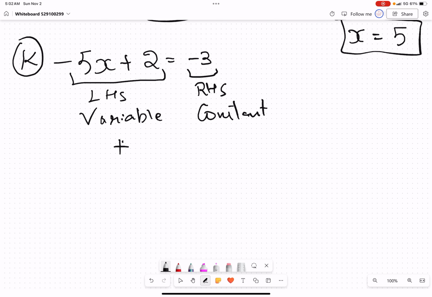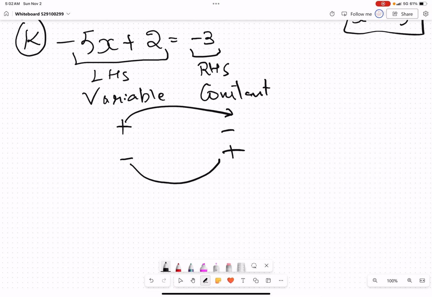If it's a positive number, when he comes on the other side, he becomes negative. If it's a negative number, when he comes on the other side, he becomes positive. It can be variable also. Variable, if it comes on the other side, it becomes negative. And if it is a multiplication, when it comes to the other side, it becomes division, division becomes multiplication. But this is an interesting problem.